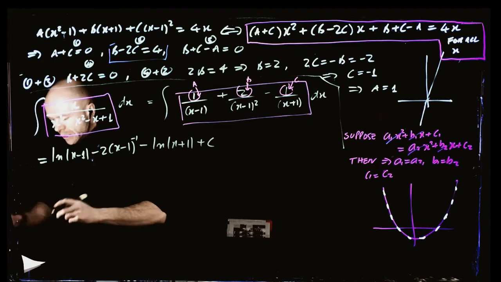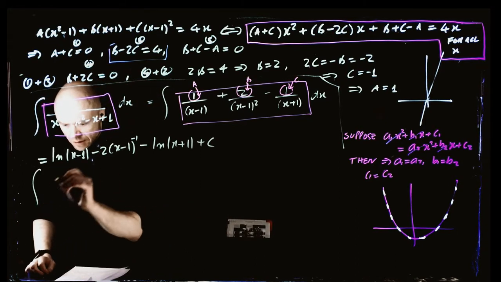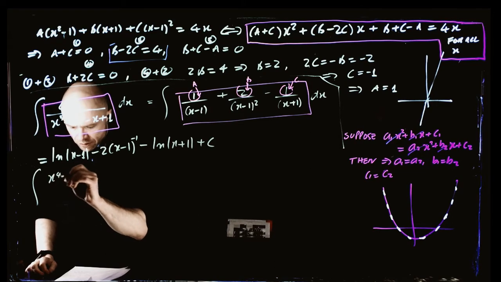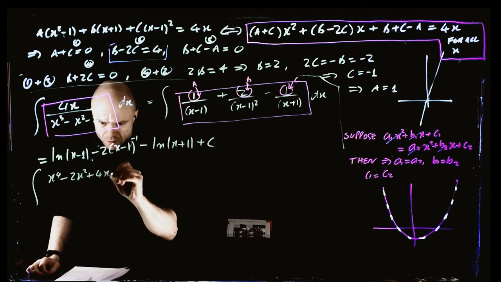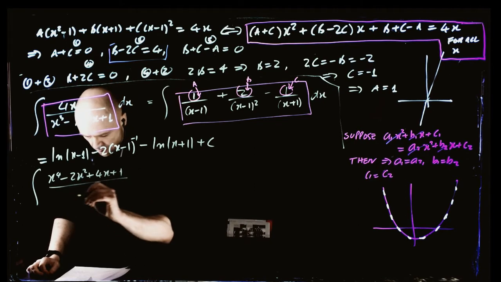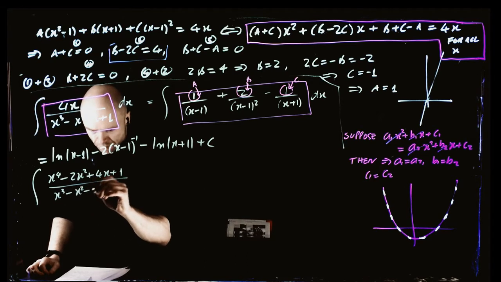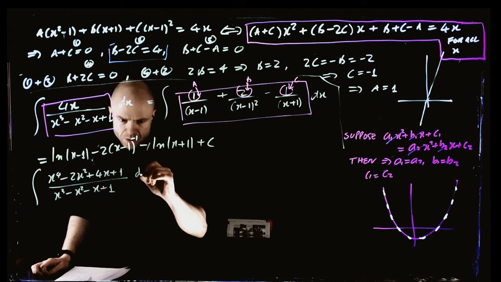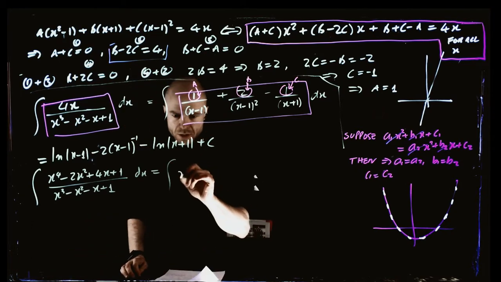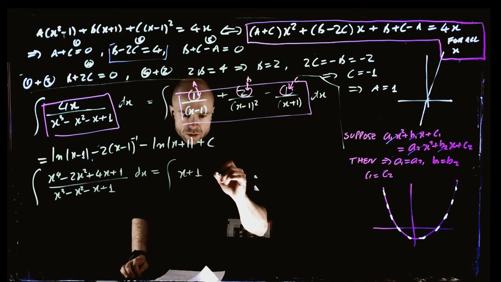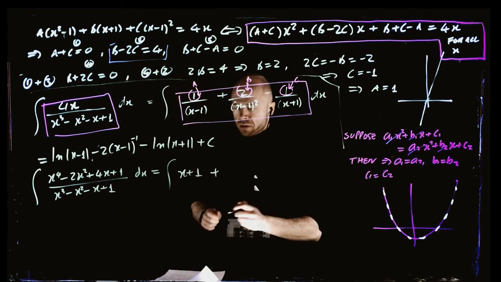But we're not quite finished, because our original problem was this terrible expression, x to the 4 minus 2x squared plus 4x plus 1 over x to the 3 minus x squared minus x plus 1. And we found by long division that this was the same as x plus 1 plus this other thing.